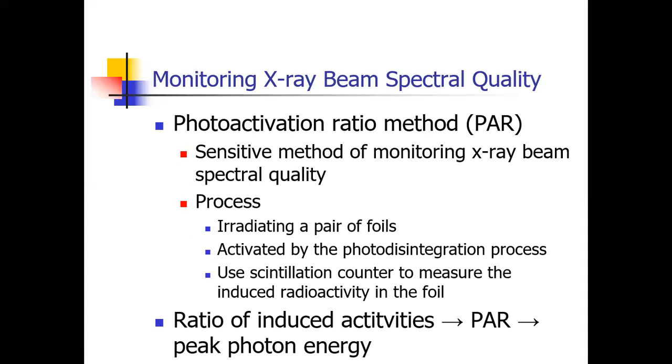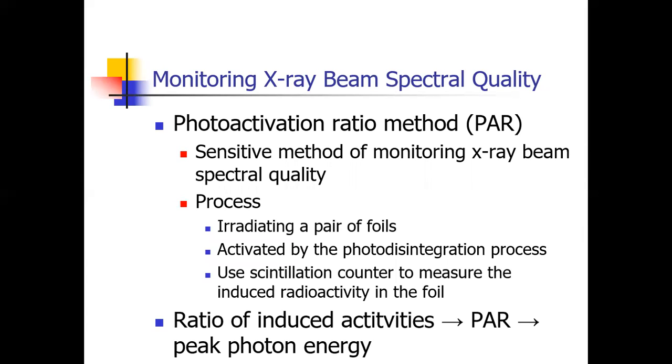Using the PAR method, or the photoactivation ratio method, you've got a sensitive method of monitoring X-ray beam spectral quality. The process is irradiating a pair of foils, activated by the photodisintegration process. Use a scintillation counter to measure the induced radioactivity in the foil.